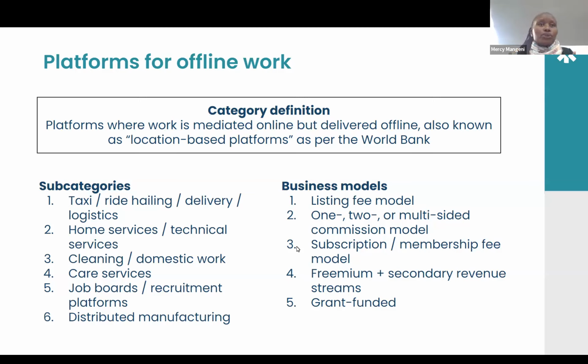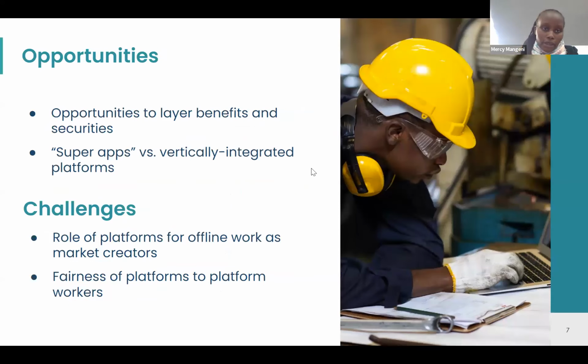The other one is the one-, two-, or multi-sided commission fee, where a commission is taken off the transactions that suppliers, consumers, or third parties are paying, as a revenue model for the platform. And then the subscription model or subscription fee, which is self-explanatory, where consumers pay a flat fee or a variable fee based on the frequency of use, either annually, monthly, etc. So those are some of the key business models that we've seen within this category.